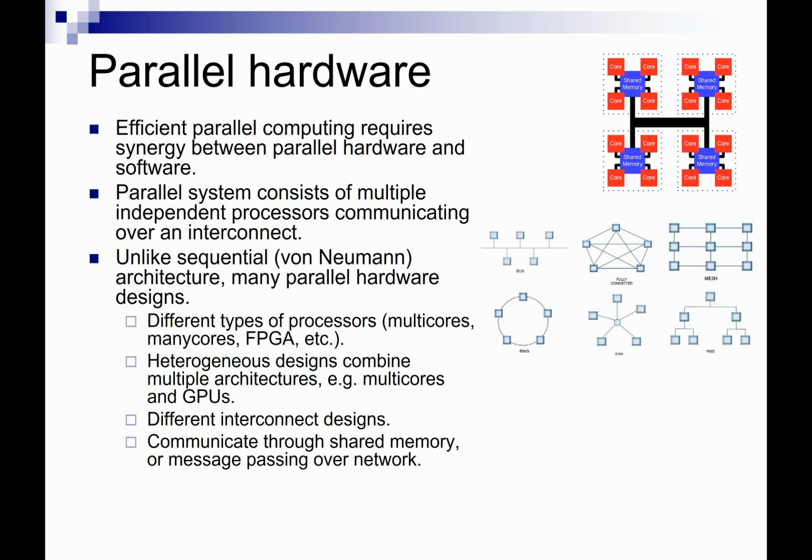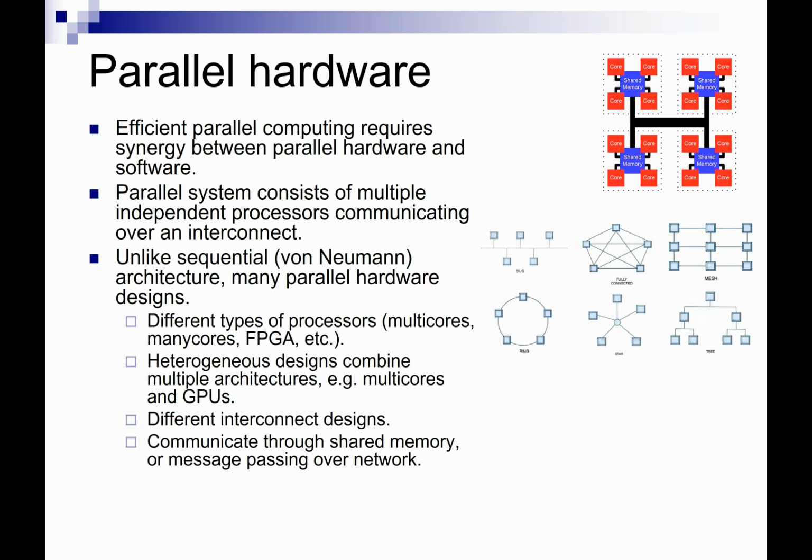Another way in which parallel computers can differ is the way their interconnects are designed. There are many possible interconnect architectures, and here I'm just showing a few of them. We have the bus architecture, which is one of the most basic. We have a ring architecture, which is like a bus with one additional edge.